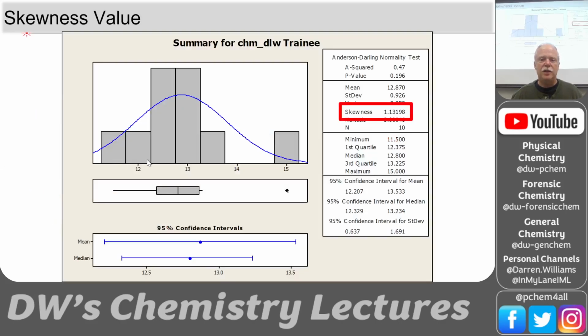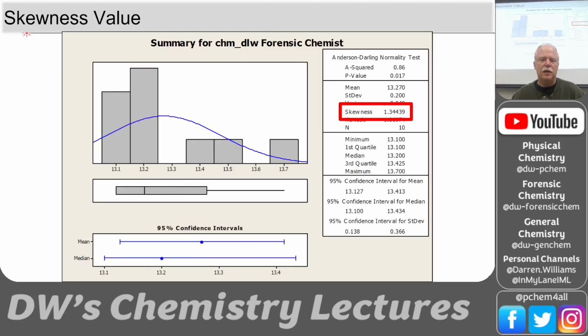Okay, so then skewness. This is a 1.13. Is that good, bad? What are we looking at for skewness? And here's the forensic chemist. It's even more skewed, 1.34. And so this is a positive value, okay? And this is the high side.